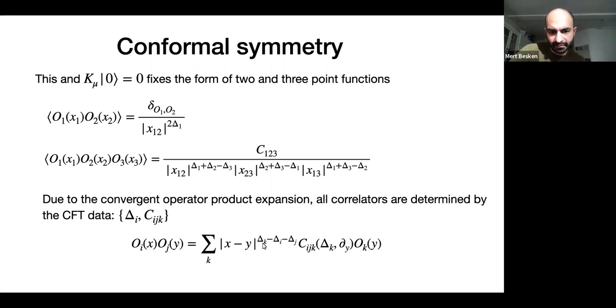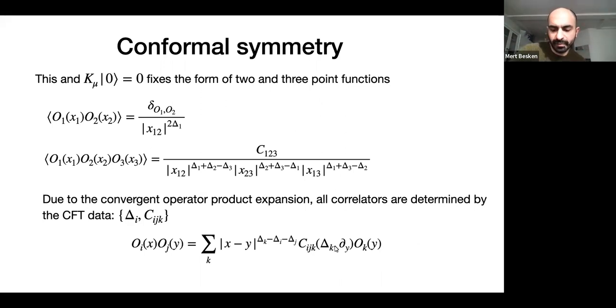This factor here, x minus y raised to these dimensions, is fixing the scale symmetry of the correlators in which these operators will appear. You also have some differential operator acting on these O's, and this differential operator actually sums up the entire conformal family of the operator.